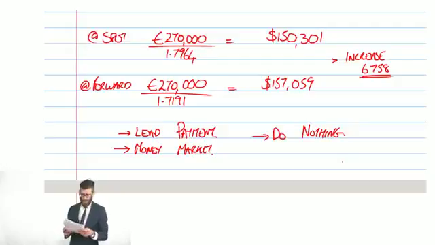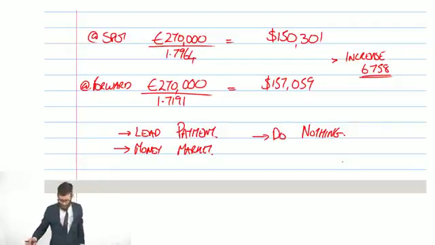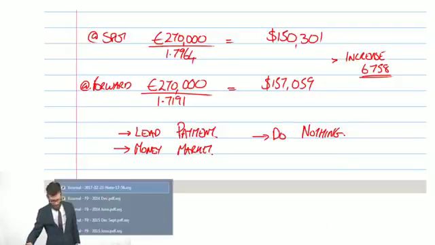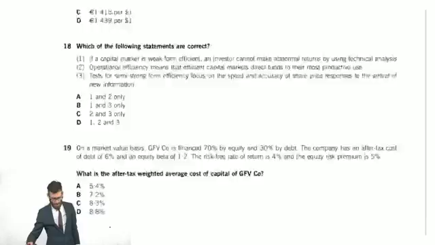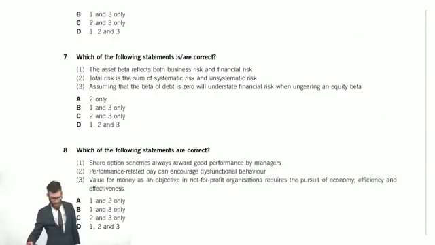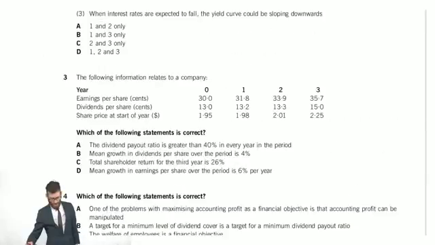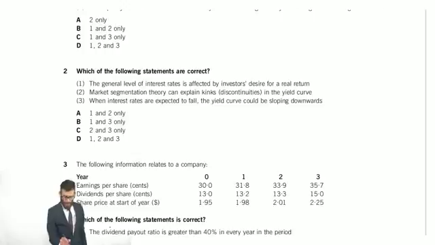Okay, I'm going to the June 2015 paper. June 2015. And I'm going to some multiple choice questions, which we'll answer in unison. First one is that one, number 2.